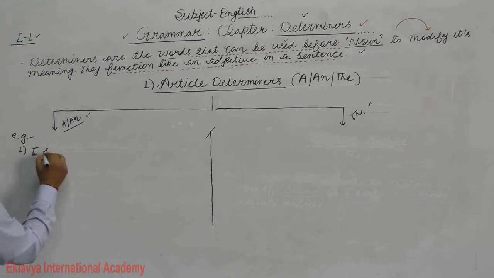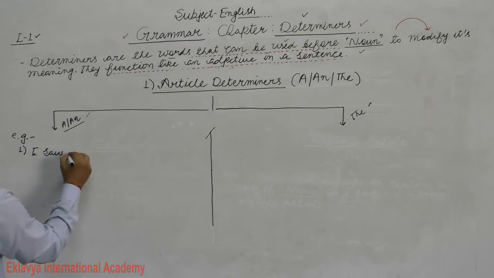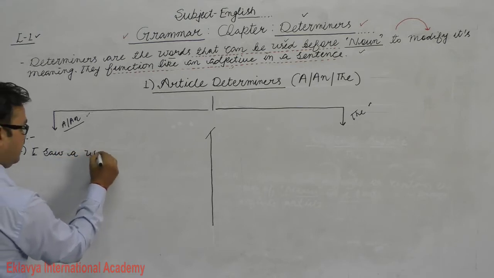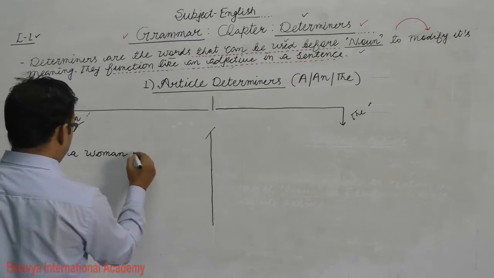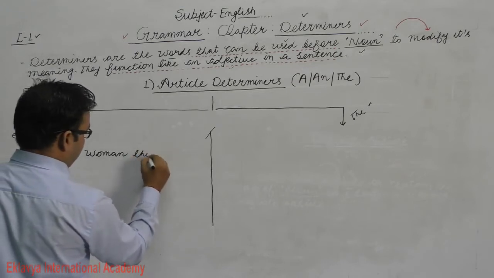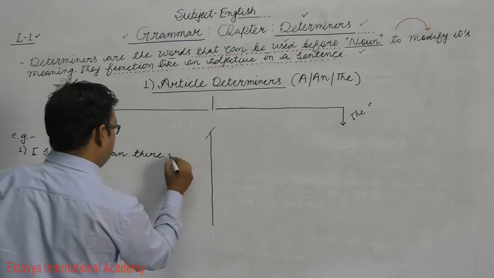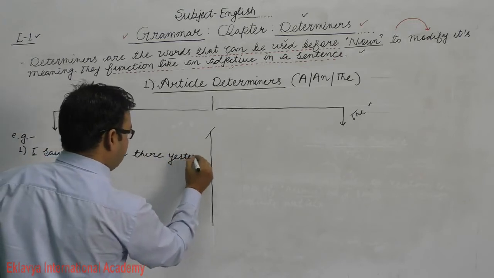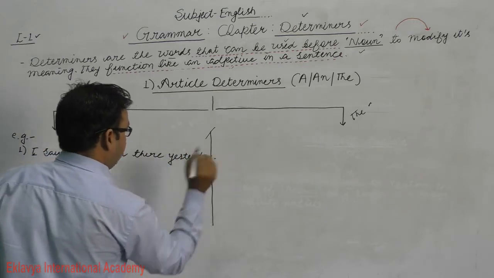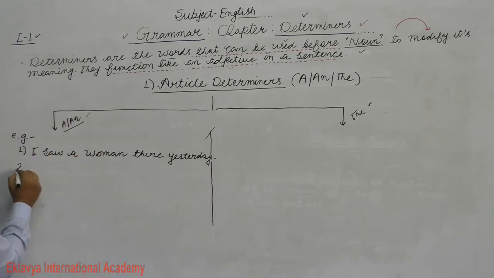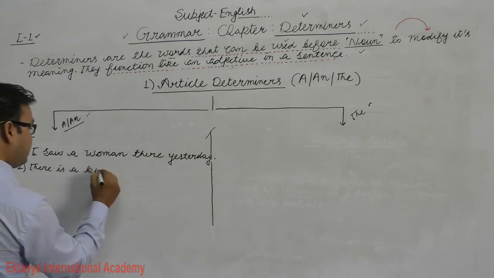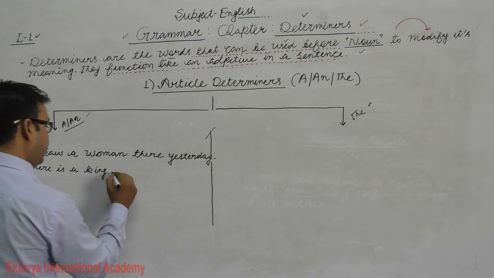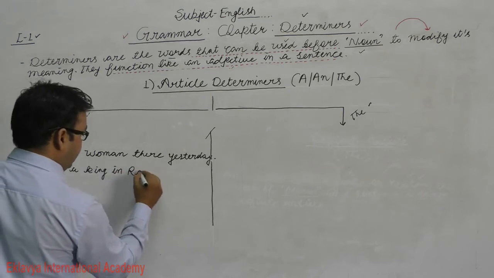Example number one: I saw a woman there yesterday. Example number second: There is a king in Rajasthan.